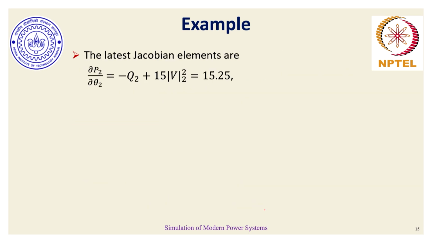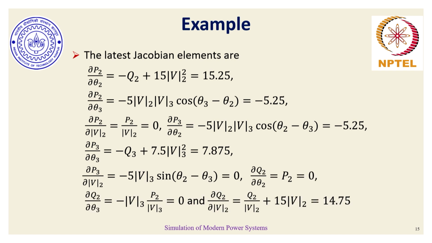Once we know f of x0, we then find the corresponding Jacobian elements. Since f is 3 cross 1, x is 3 cross 1, the Jacobian will also be a 3 cross 3 matrix. That means it would have 9 elements. Those 9 elements, starting from the first element, have been written over here.